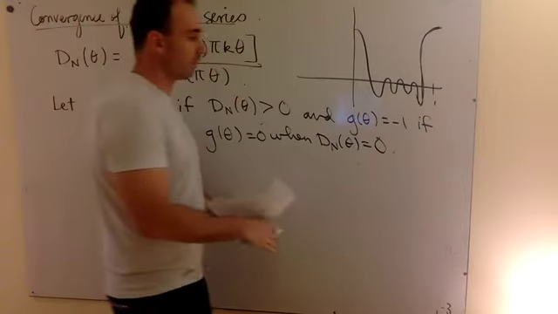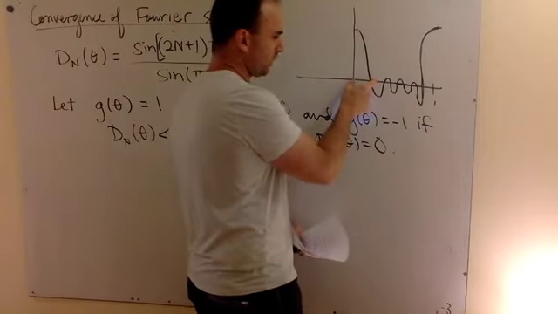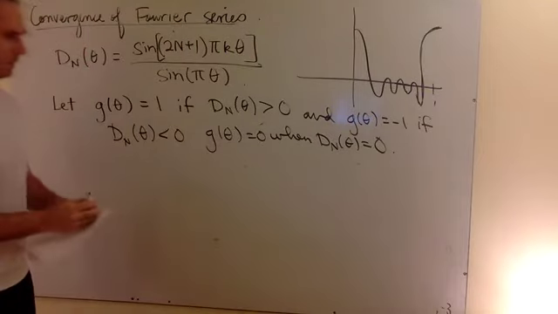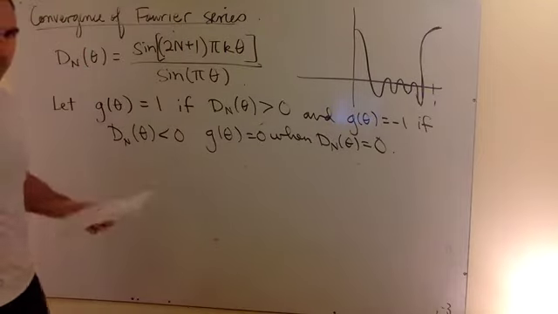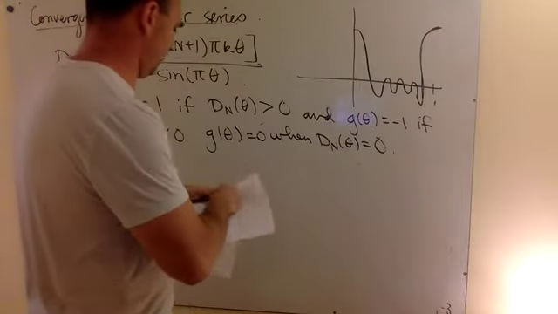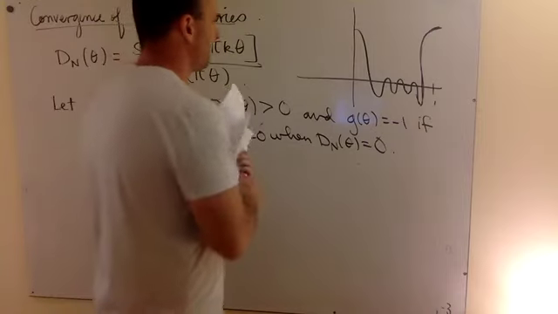Now, just working on the interval 0, 1, there's only finitely many intervals. And so here, my function basically looks like this. This will be my g_n.